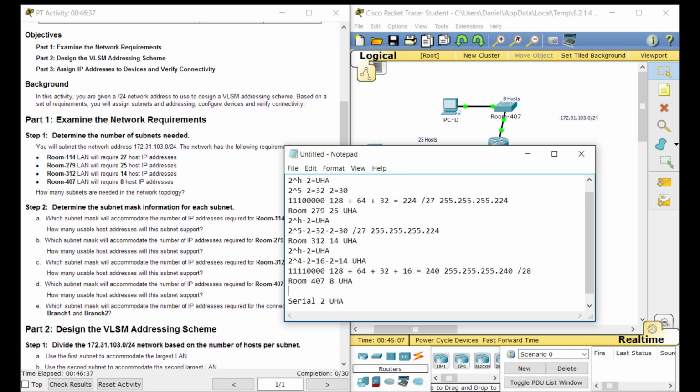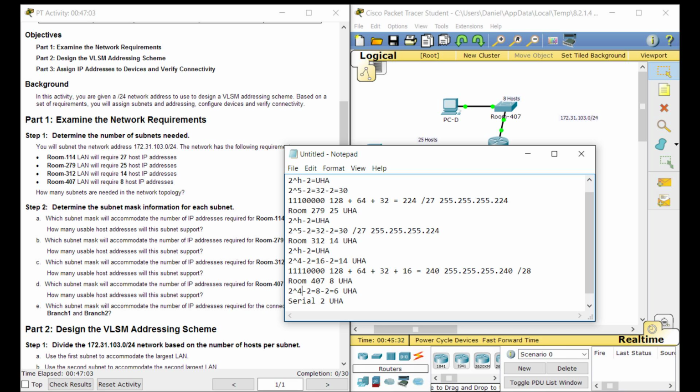And as for the second to last one, room 407, 8 usable host addresses. I know what you guys might be thinking, oh, it's going to be 3, right? But unfortunately, as I said before, if we plug 3 in and subtract 2, that would only be 6 usable host addresses, which is not going to fulfill the requirement of 8 usable host addresses.